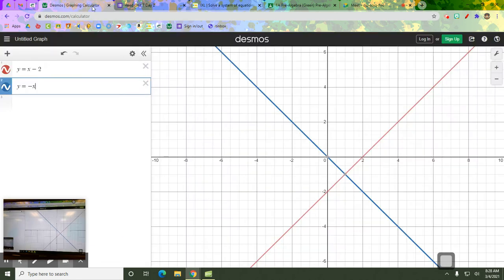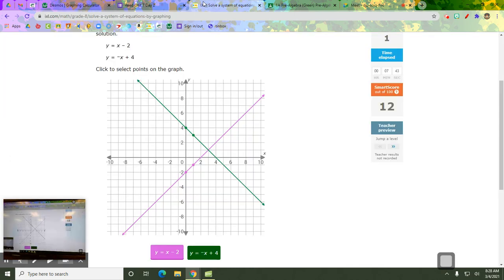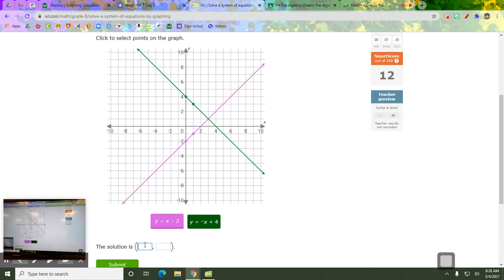So -x plus 4 is graphed. And maybe I don't know what this point is. So if I just click here, it tells me that point is 3, 1. So I can go back to my Excel, scroll down, I can click here, 3, 1. You can also check to make sure you graphed it correctly. I know here that if I go over 3, up 1, that is my intersection point.